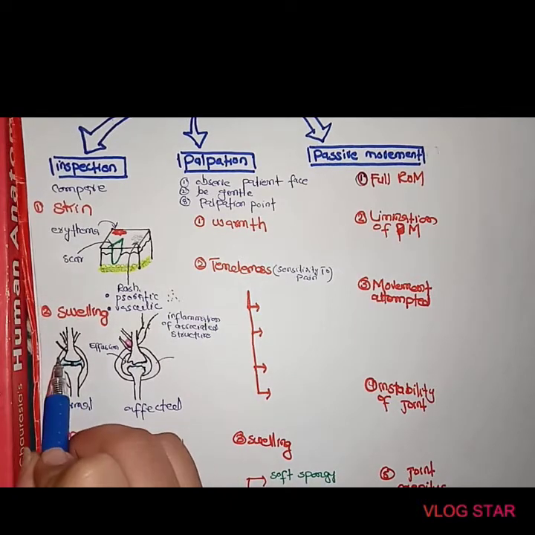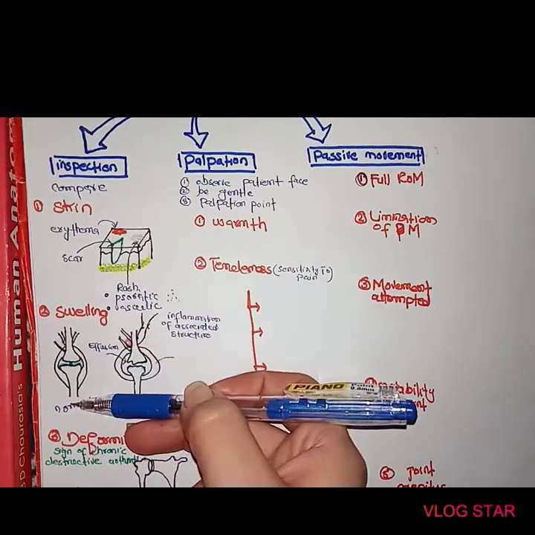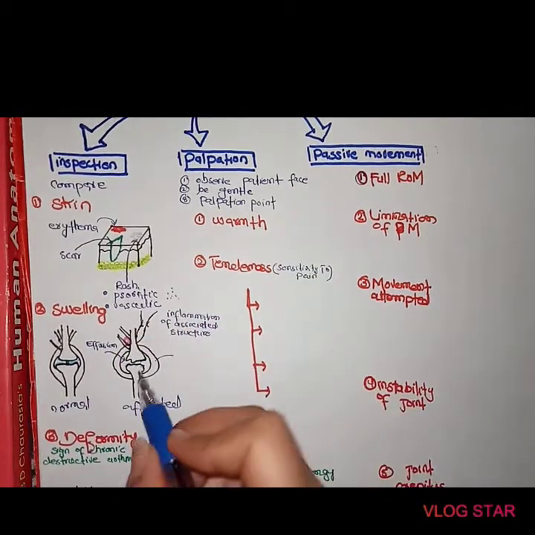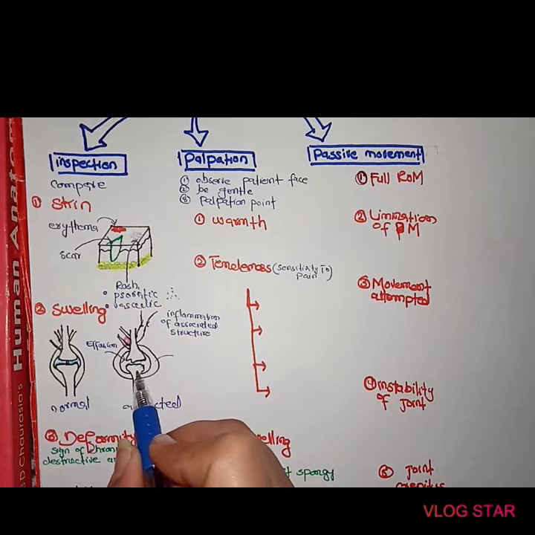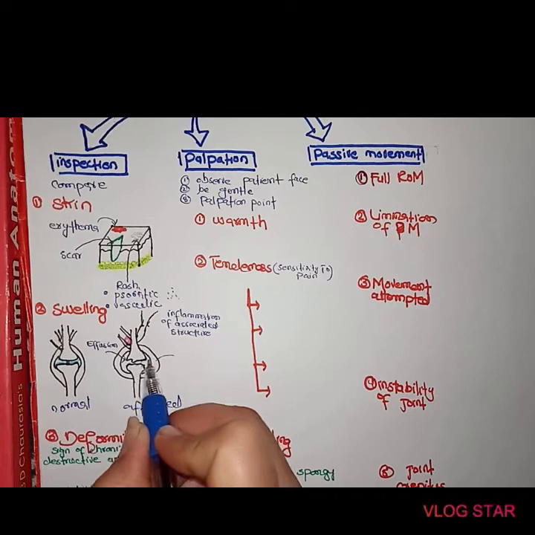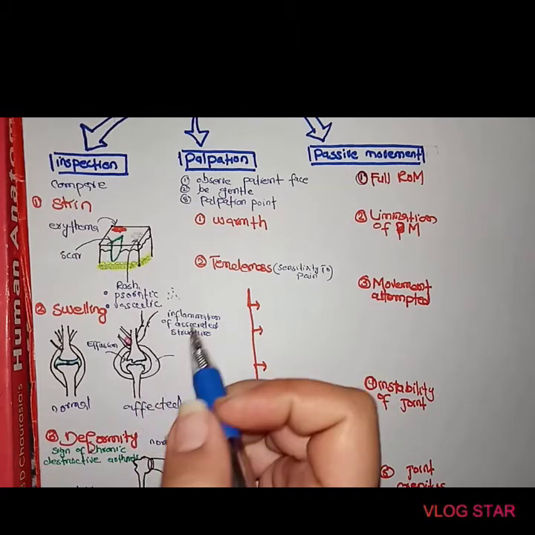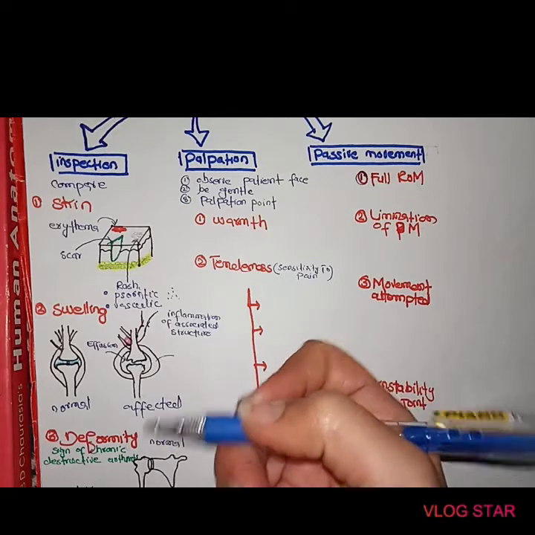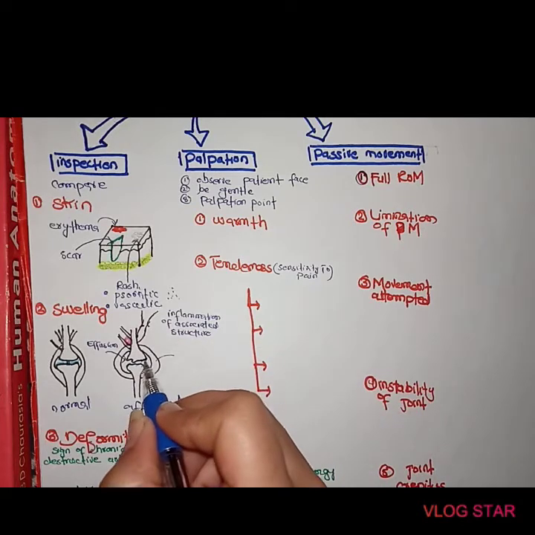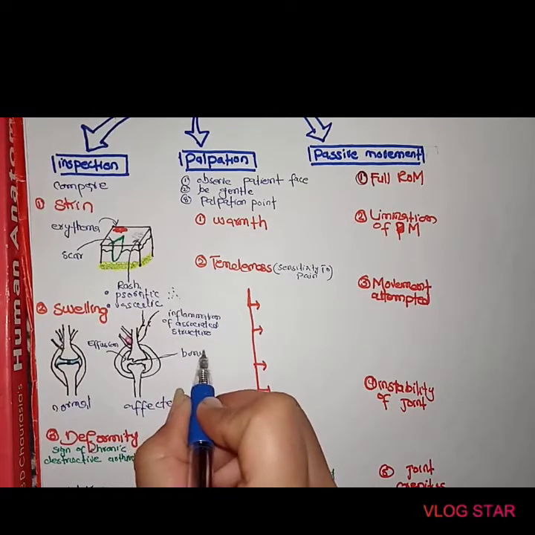There is a joint capsule, so all the structures are in alignment. Here is the affected joint, and you can see that there is a bony outgrowth. When the bony outgrowth is too large, you can palpate it through the skin. So this is bony enlargement or bony overgrowth.